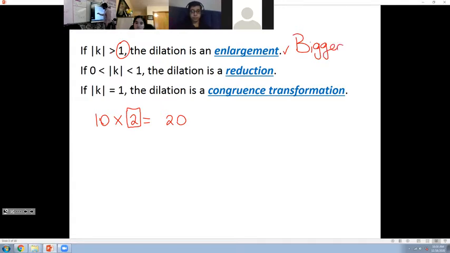But let's say I want to multiply my money by 1/2. How much money will I have now? 10 times 1/2. How much is it? Yes, Ruta, it is just $5.